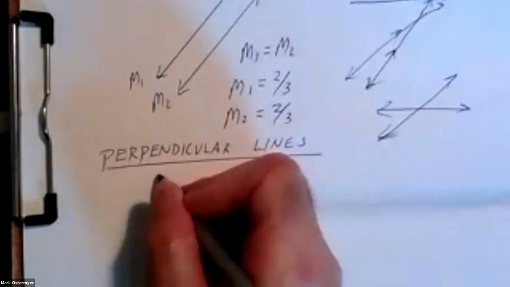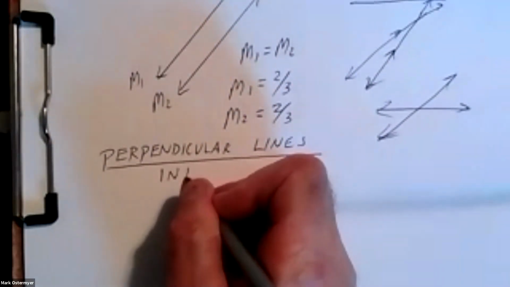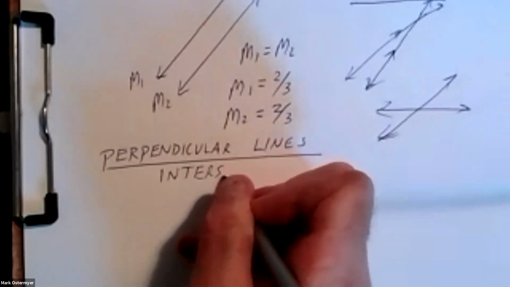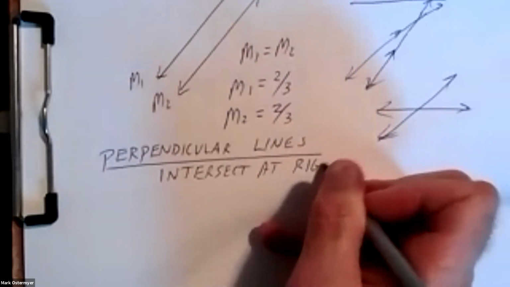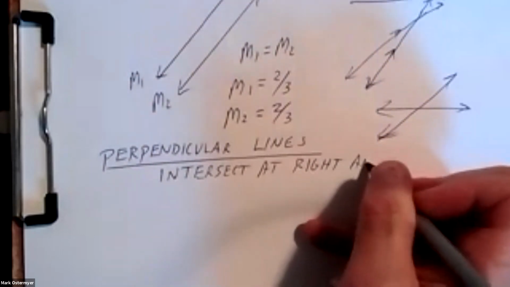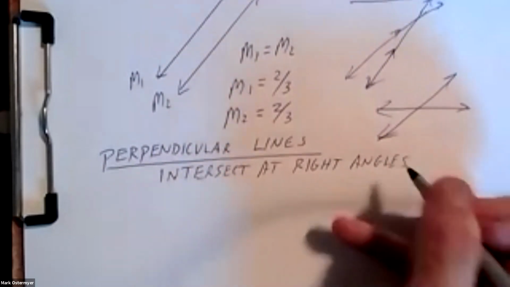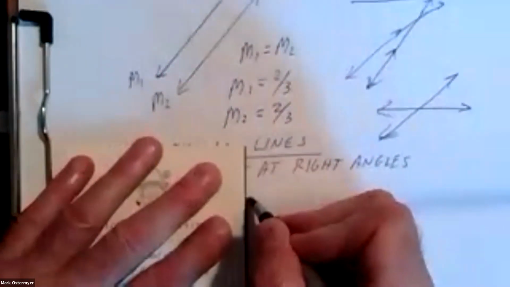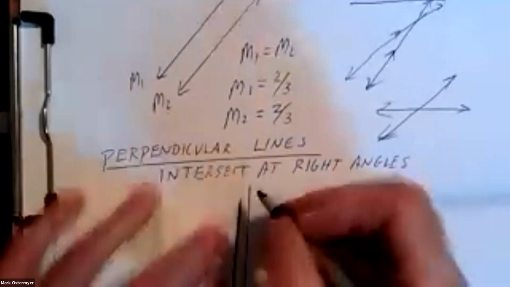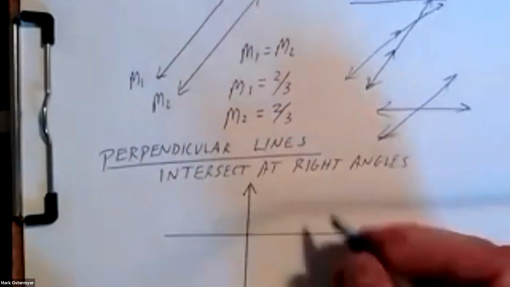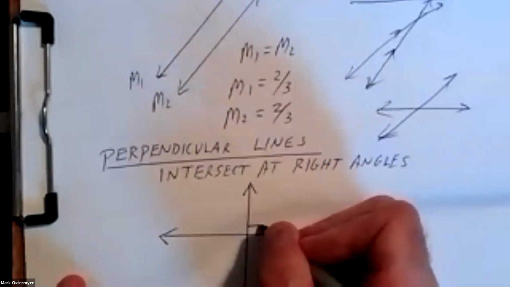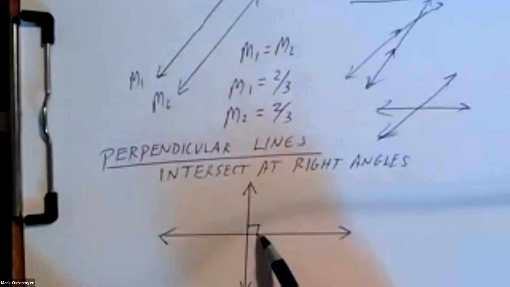Perpendicular lines have to intersect at right angles to each other. And to say that they intersect at right angles is to say that they form 90-degree angles to each other. So we would say that these two lines are perpendicular to each other if that's a 90-degree angle.